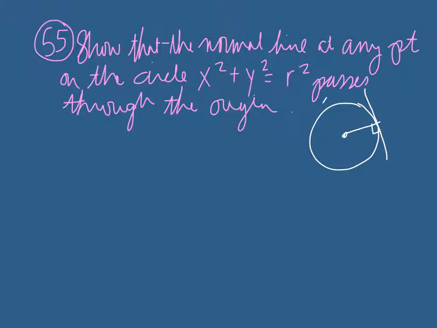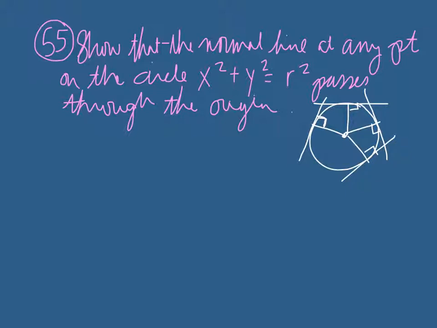So no matter where you drew a tangent line, if you connected it to the center of the circle and made a radius, it was always perpendicular no matter where that tangent line was. So I can draw a tangent line anywhere and connect it to the center, and it's always going to be perpendicular. That was something that you just memorized when you did geometry. But now we can actually prove it, which is awesome.